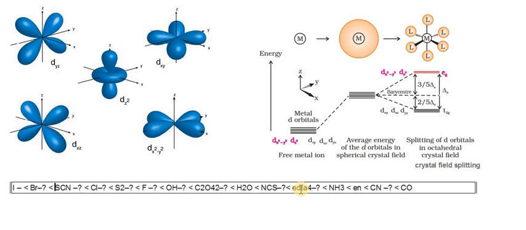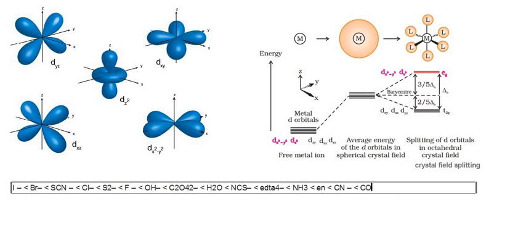Iodide I minus, Br minus, thiocyanate, chloride, sulfide S2 minus, fluoride, hydroxide, then oxalate, water, isothiocyanate, then EDTA, ammonia, ethylenediamine, cyanide, and carbon monoxide CO. So the strongest ligand is carbon monoxide, whereas iodide is the weakest ligand.